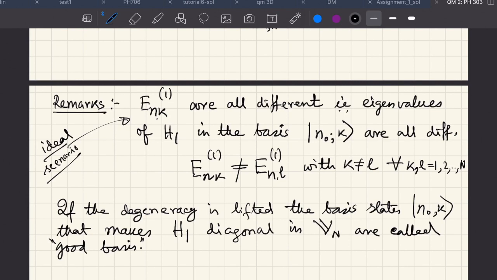If the degeneracy is not lifted in the first order, it may be lifted in the second order in lambda. So that is where your life becomes a little bit more complex.